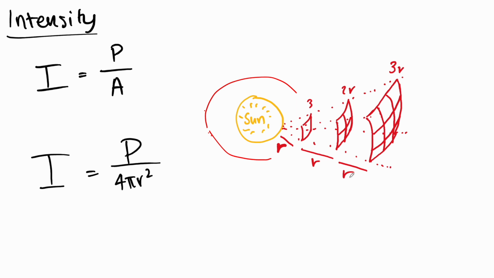As you can see here, it's got one little thing, and here it's got 9. So it's an inverse square rule, which we come across very often in IB physics.